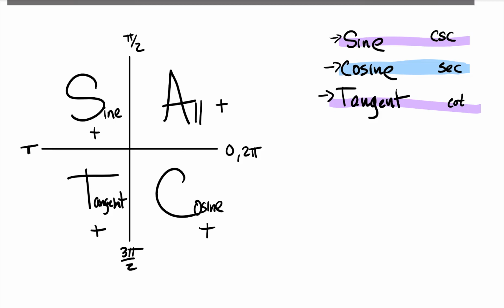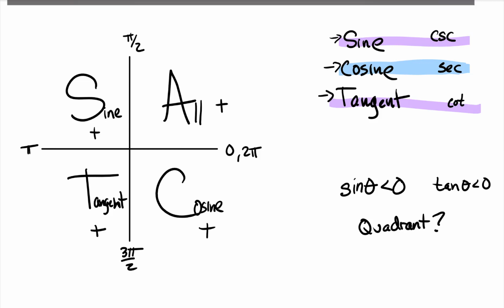So here's the game. I like this for one of the first things you see on your test, where I'll say, all right, sine's negative and tangent's negative. Which quadrant are we in? So I like to play the game this way.